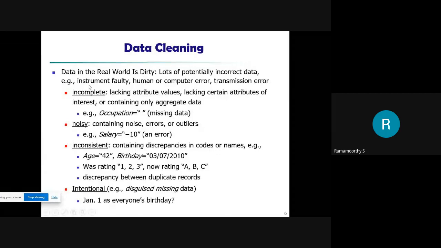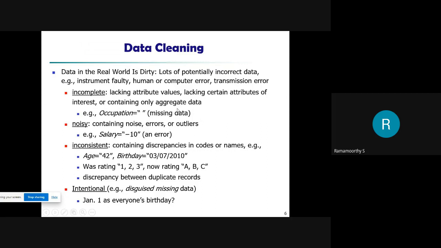As we discussed in the previous slide, first thing you need to remove the incomplete data or the partial data. Technically, you want to remove the data which is lacking attribute values, lacking certain attributes of interest, and containing only aggregate data.